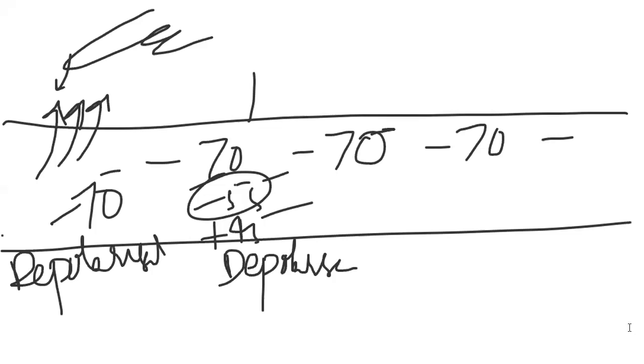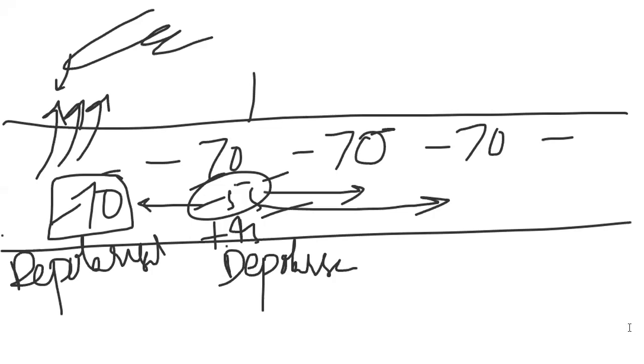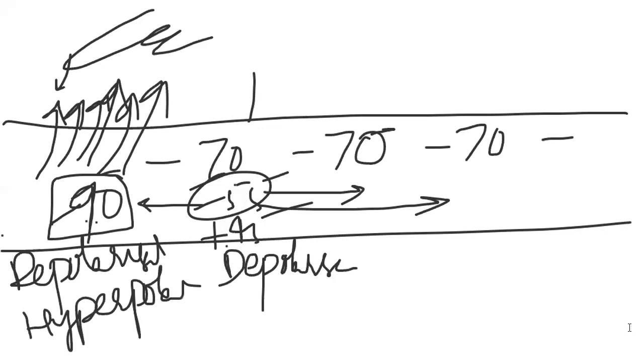If this area's voltage is also minus 70, the impulse may come back. So to make it unidirectional, to move forward only, potassium ions will still go on in this area, and that's why minus 70 becomes minus 90. We call it hyperpolarization.